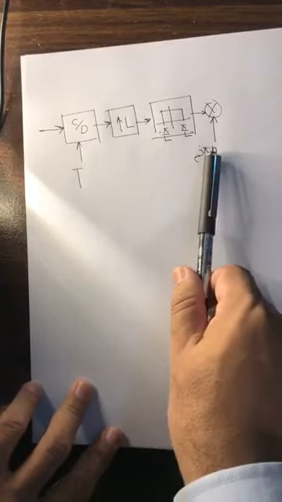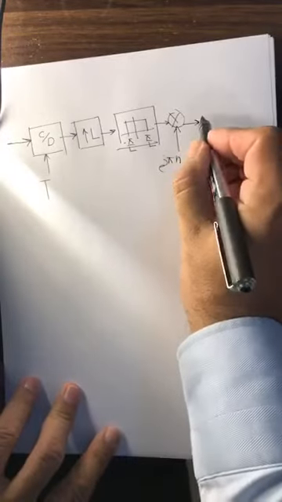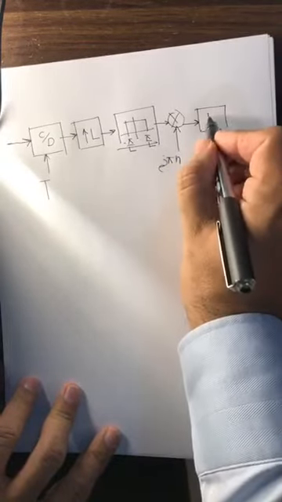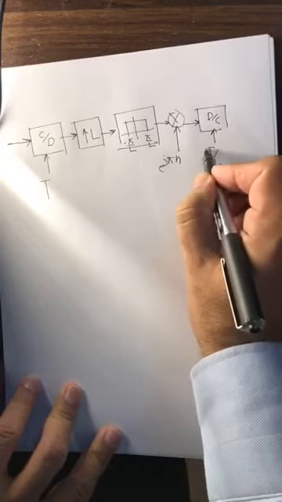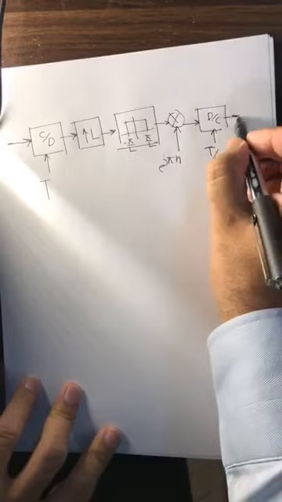Remember, multiplying by an exponential is a shift in frequency. And then converting it from discrete to continuous at a sampling rate of T over L.